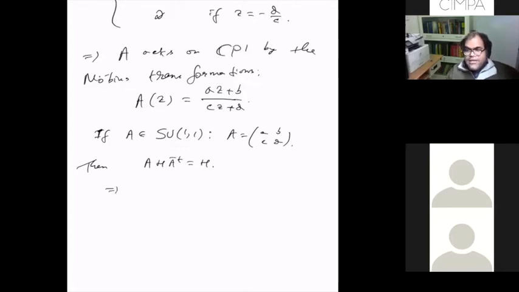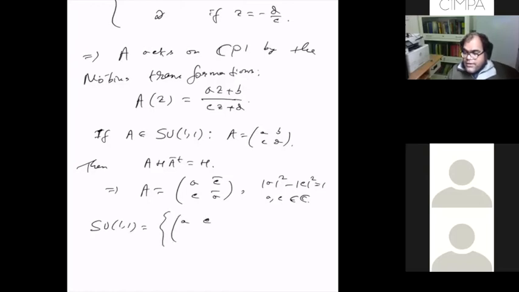If you simply compute it, you will find A is of the form (A, C bar; C, A bar) with determinant 1, so |A|^2 minus |C|^2 equals 1, with A, C complex numbers. So SU(1,1) is simply the set of matrices (A, C bar; C, A bar) such that |A|^2 minus |C|^2 equals 1, A, C in C.